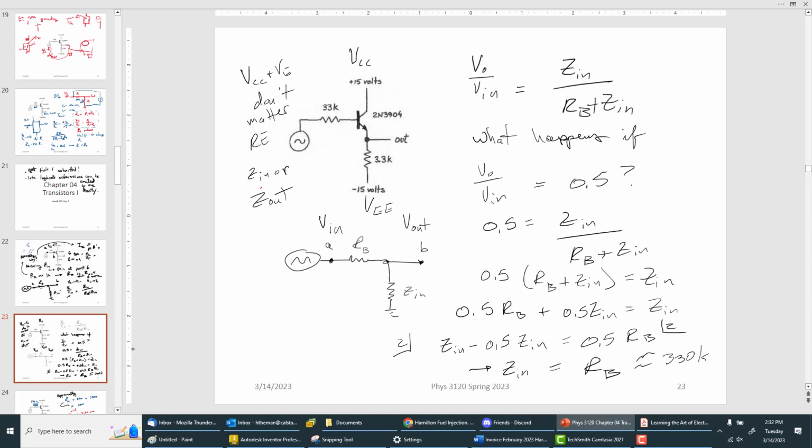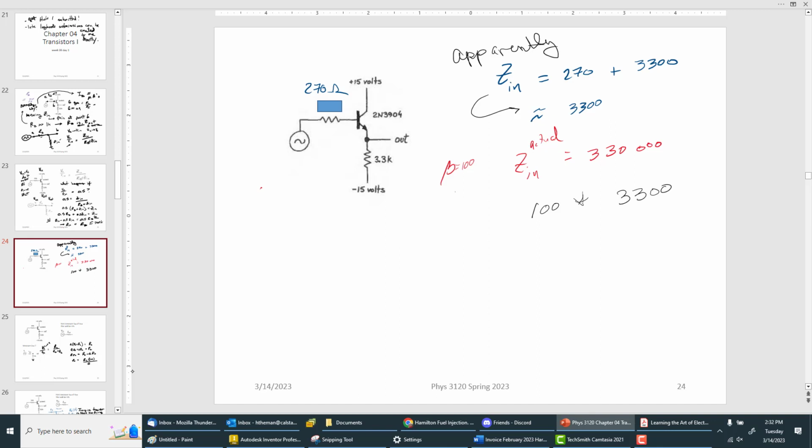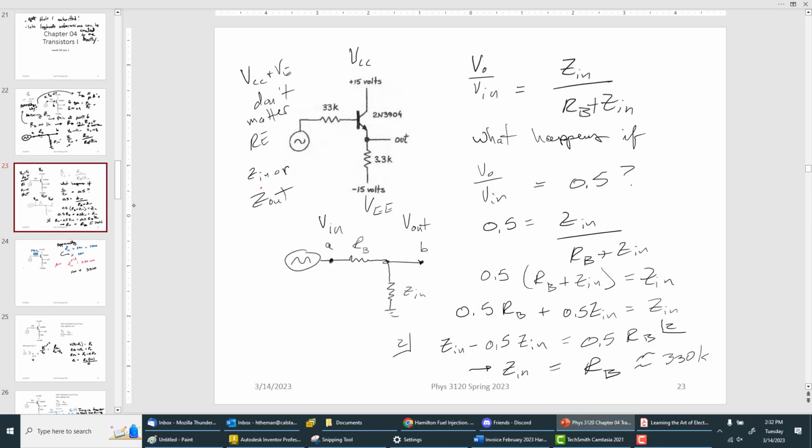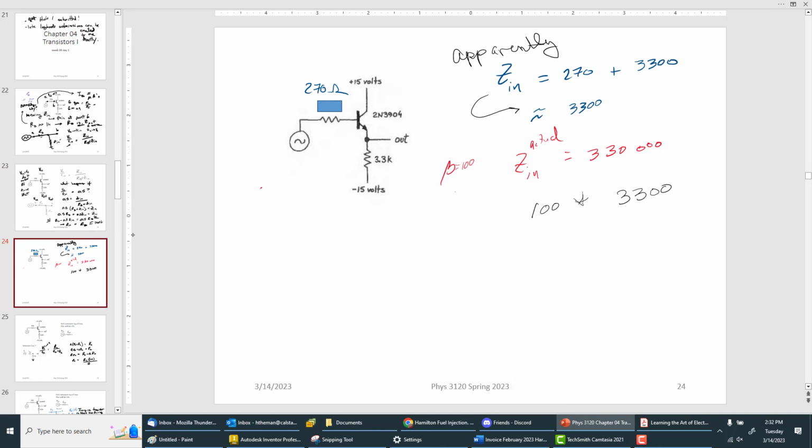And it actually doesn't matter what 3.3K is either. Well, okay, it does, but sorry about that. It does matter. Basically, when we look at this thing, a voltage divider, and now in this case, RB and RE, we would claim that the input impedance is the 270 plus the 3300, which is basically 3300.